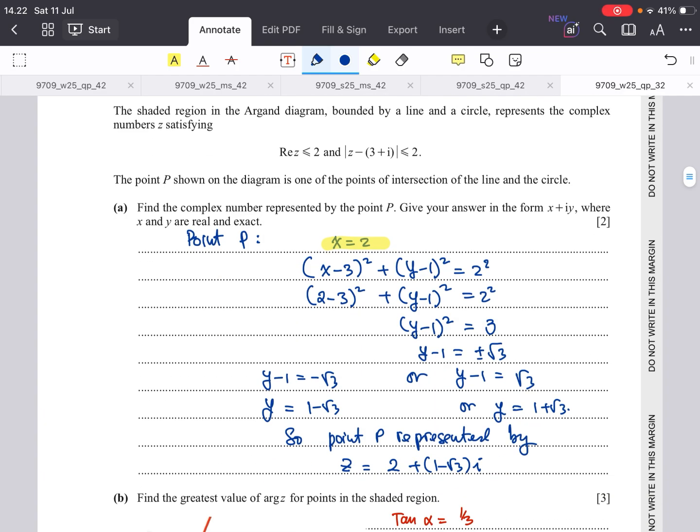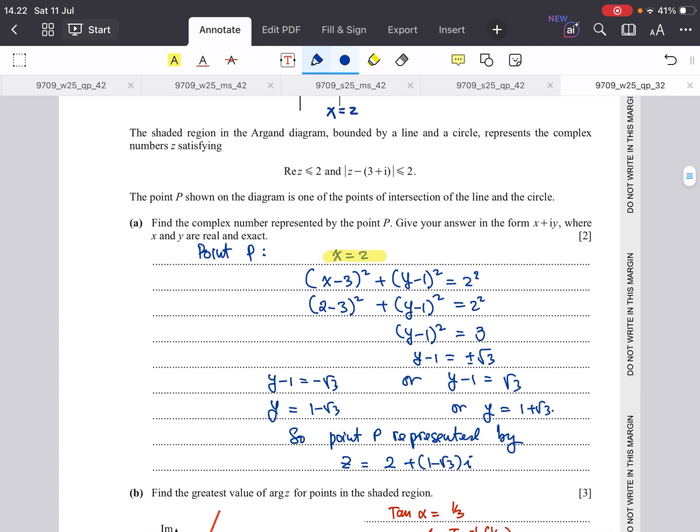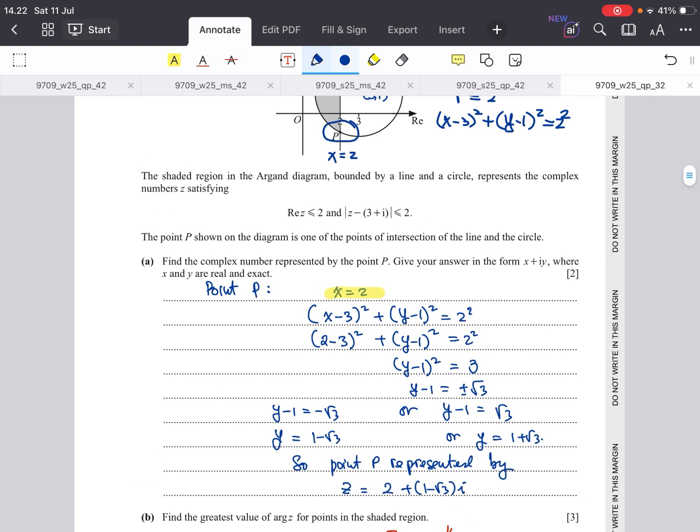So we have two values of y. The first one, y minus 1 equals negative square root of 3, so y equals 1 minus square root of 3. And the other one, y minus 1 equals square root of 3, so y is equal to 1 plus square root of 3. It is obvious that the y value of P is negative, so we are using this one.